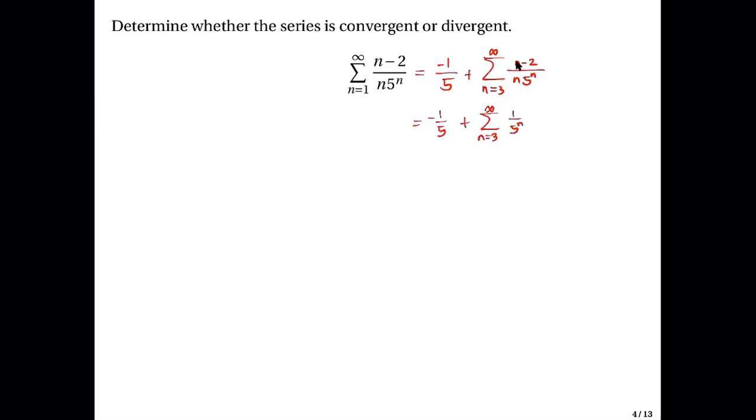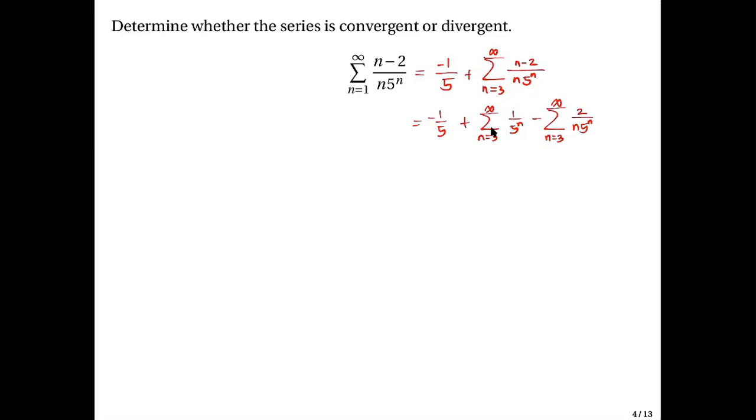That's for your n over n times 5 to the n, so the n will cancel. And then minus the sum of 2 over n times 5 to the n, where n runs from 3 to plus infinity.